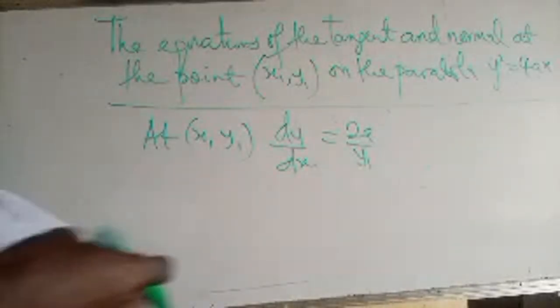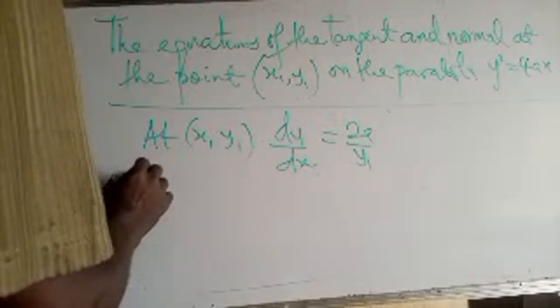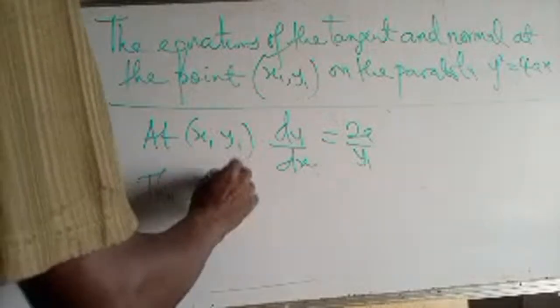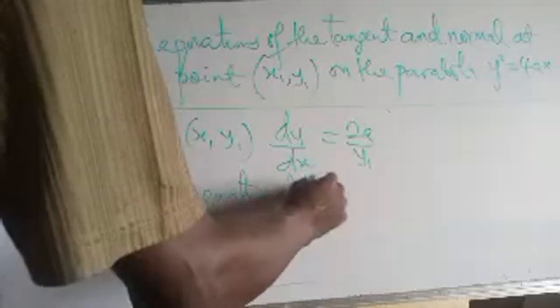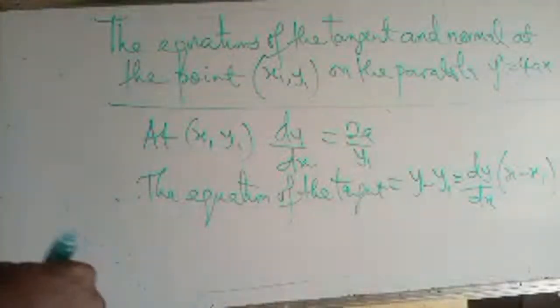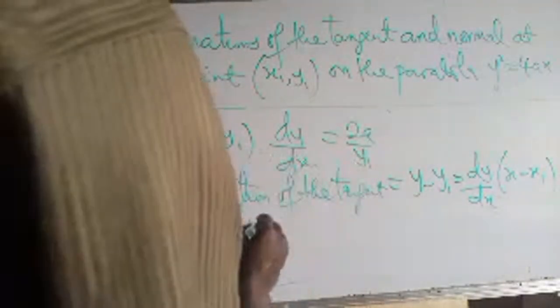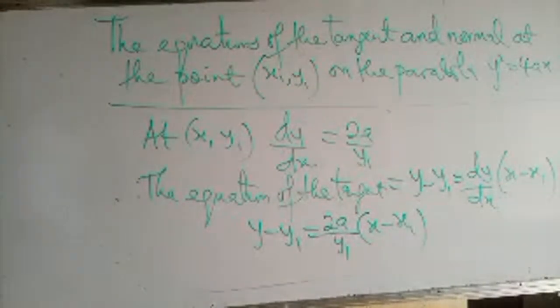So the equation of the tangent will be y minus y1 equals dy/dx into x minus x1, that is, y minus y1 is equal to 2a all over y1 into x minus x1. So that is the equation of the tangent.